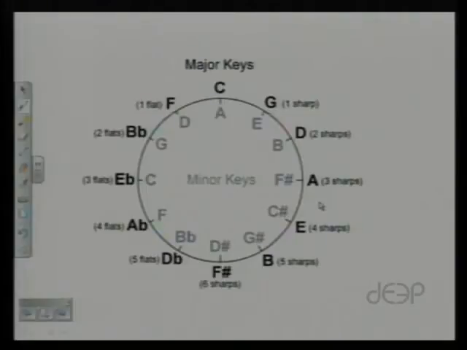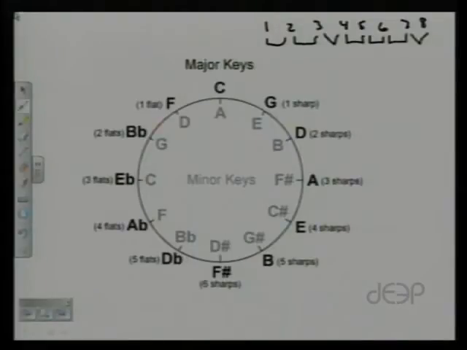If we take a look at the circle of fifths, let's do a quick review of how we arrived at major scales. We had our major scale that used the pattern 1, 2, 3, 4, 5, 6, 7, 8: whole, whole, half, whole, whole, whole, half.